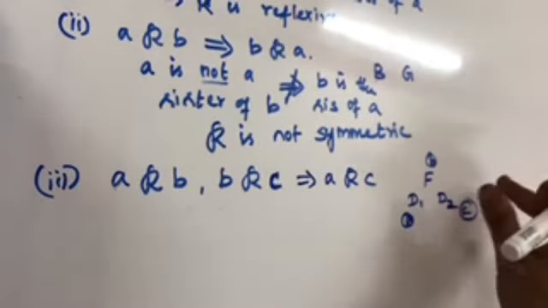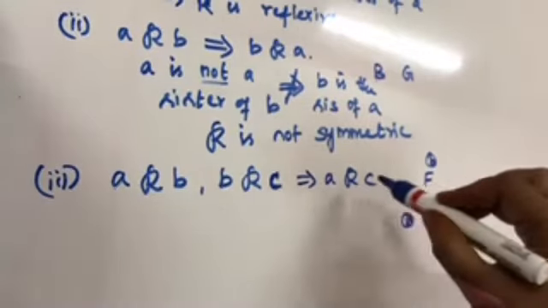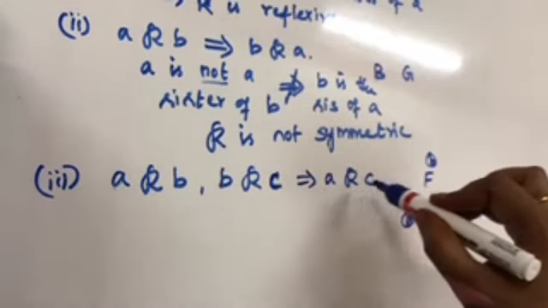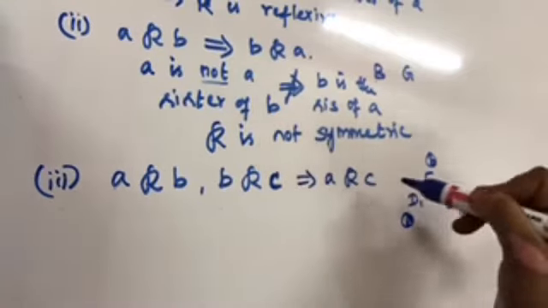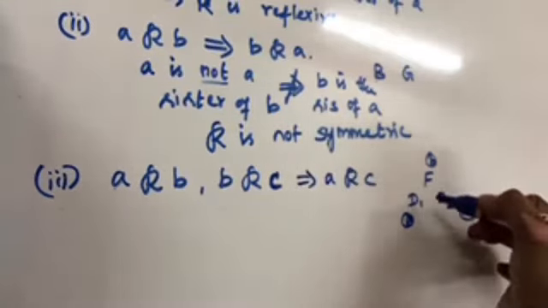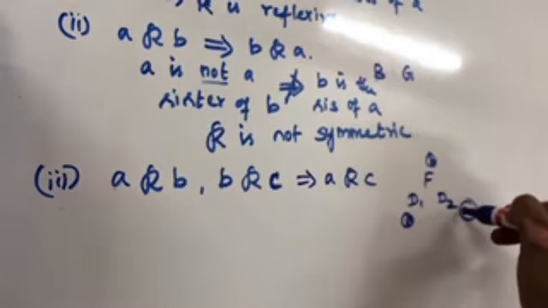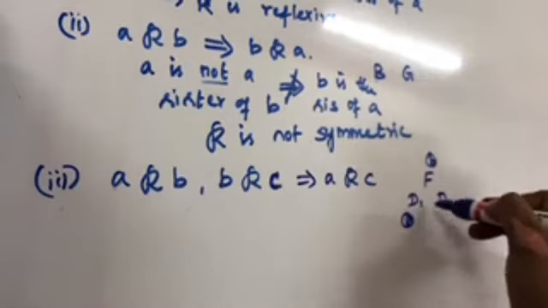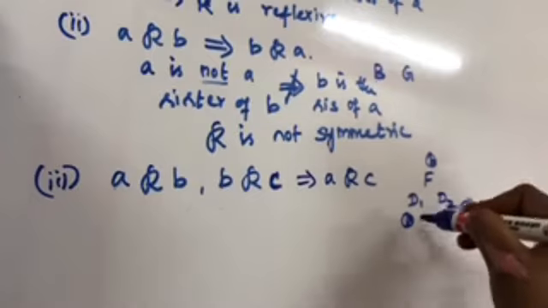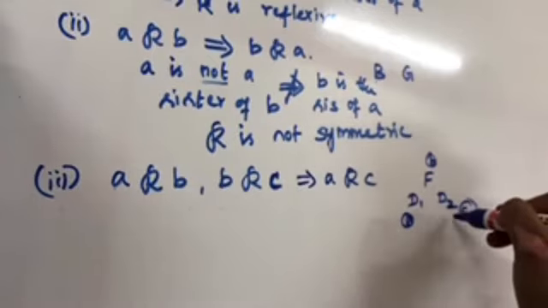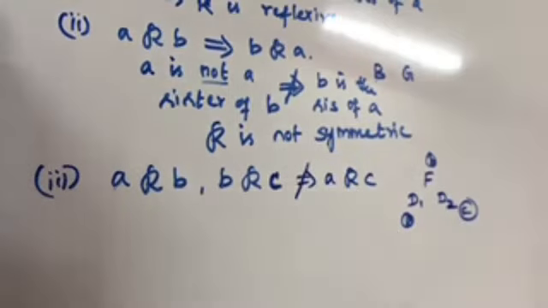But we have to check whether A is not the sister of C. Here, A is not the sister of B and B is not the sister of C, but these two daughters are sisters. So, A is the sister of C. So, this condition is not satisfied.